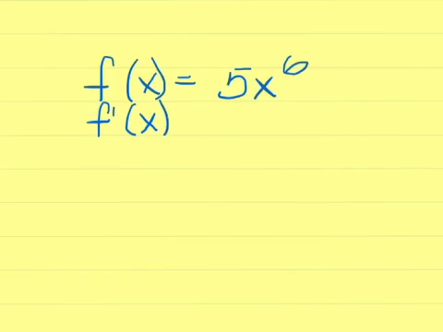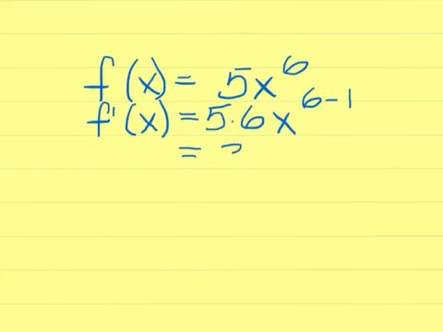In this one we have f of x equals 5x to the 6th power. To find the derivative, we move the 6 down in front, beside the 5, and subtract 1 from the exponent.